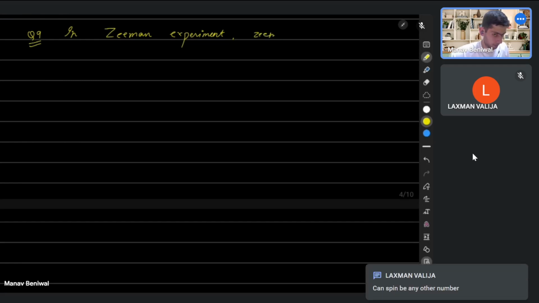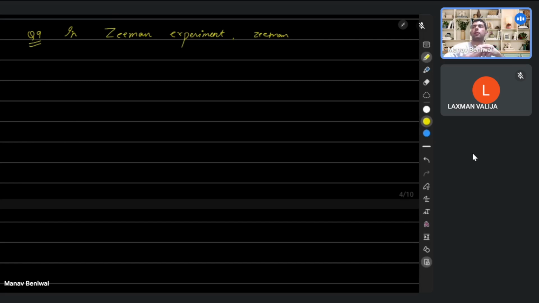and, can spin be any other number? Yes, it can be. Spin actually depends on your particle. For example, if it is a fermion, then it will have half integer spins.